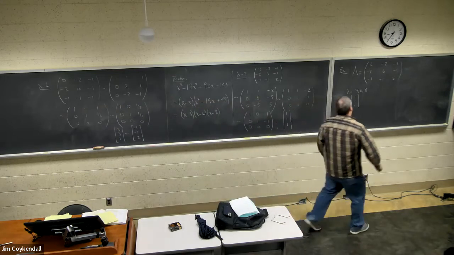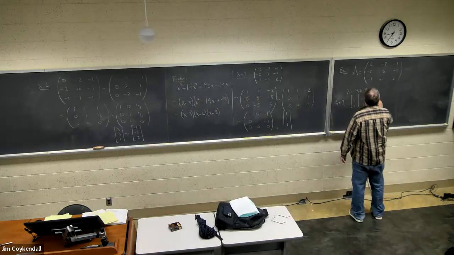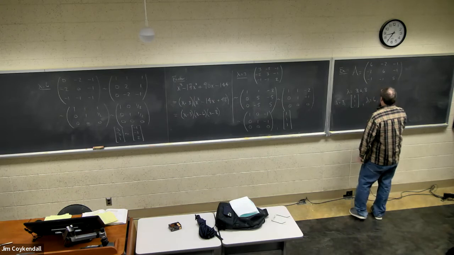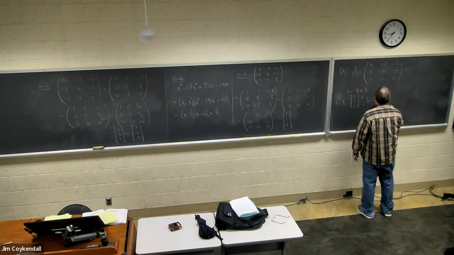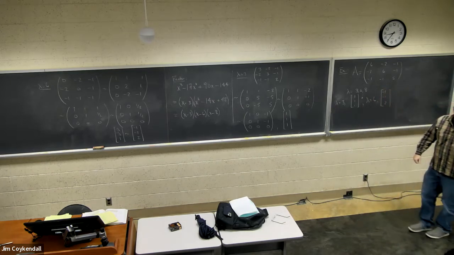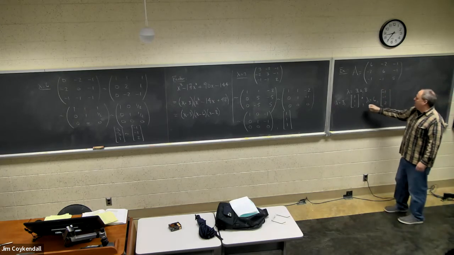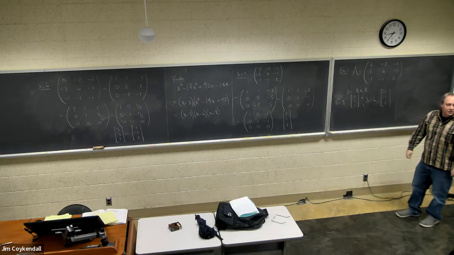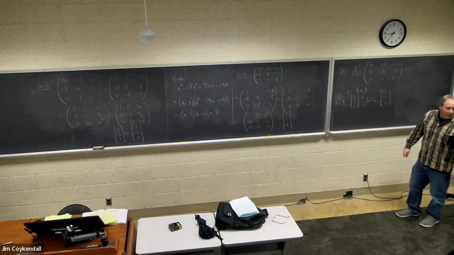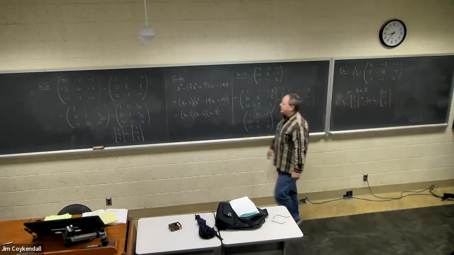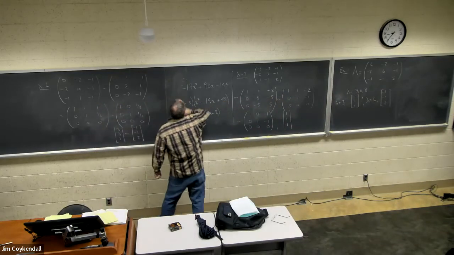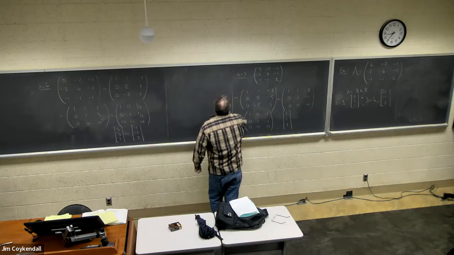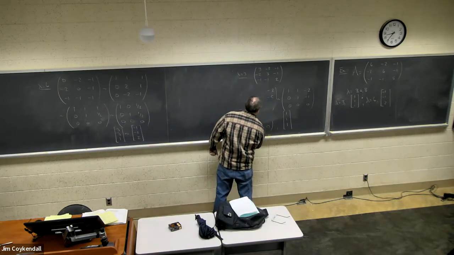So for lambda equals 6, I get the vector 1, 1, -1. Notice these two vectors are orthogonal. I can dot product to see that. Finally, with the last eigenvalue 8, I bet I get a third orthogonal vector.